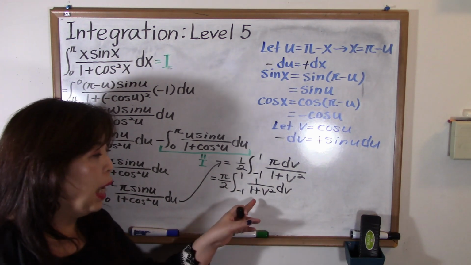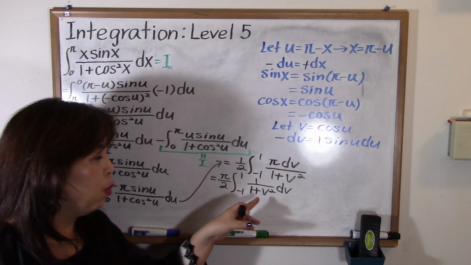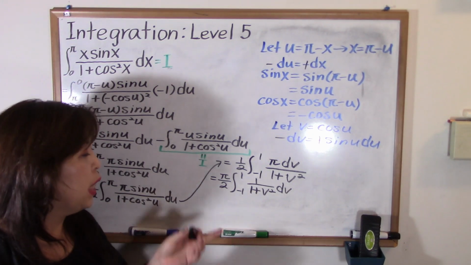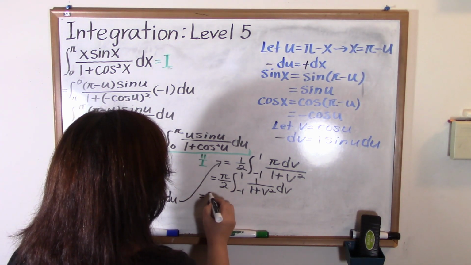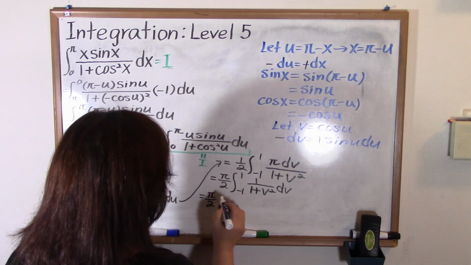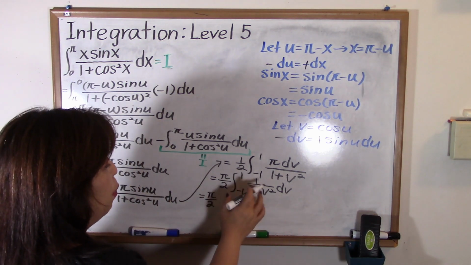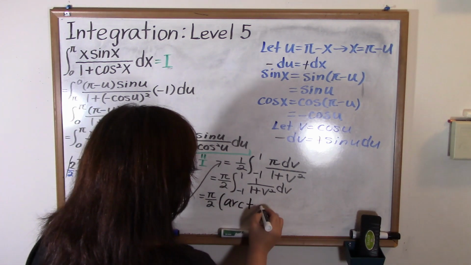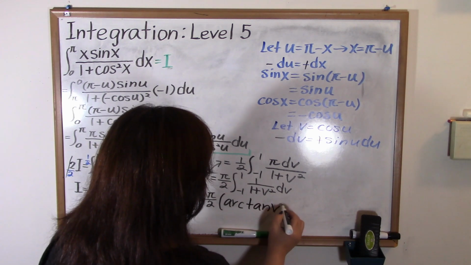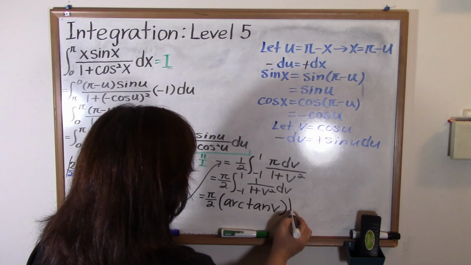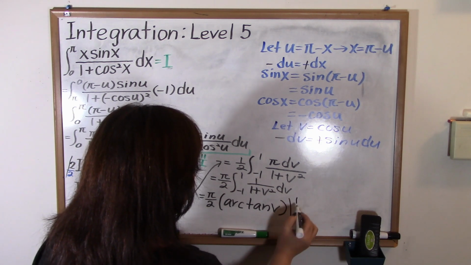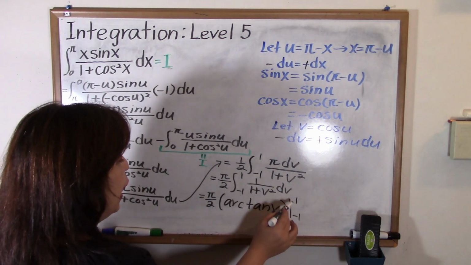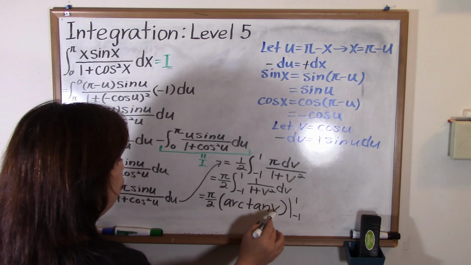So, now 1 over 1 plus v squared, we have to integrate. This is arc tangent v. So, let's see, is equal to pi over 2 integral of 1 over 1 plus v squared is arc tangent v. And then boundaries are from negative 1 to 1. And then we are gonna plug 1 and negative 1 into v, okay?